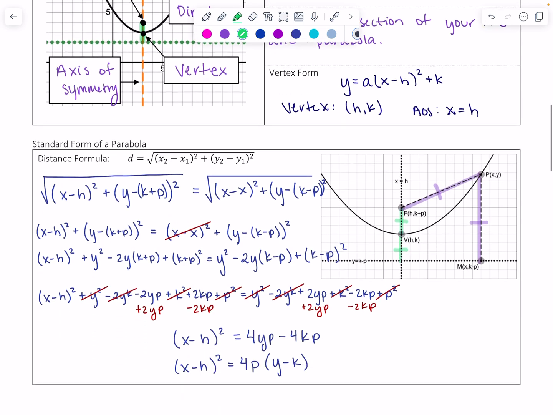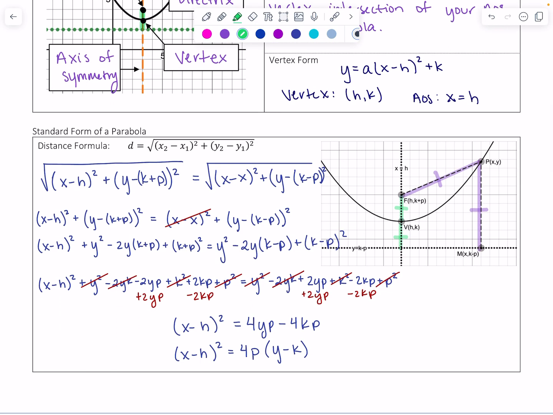Now let's talk about why it's our p-value. If you want to, you can erase or pause this video and copy this down. Sorry, I'm going to erase these for a second just to show you what we're talking about. This value between any point on your parabola, from here to this focus point down here, would be equal to this value right here, because it's the distance formula.